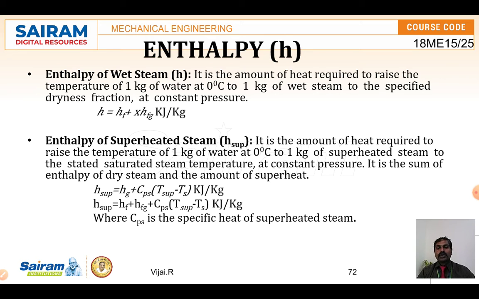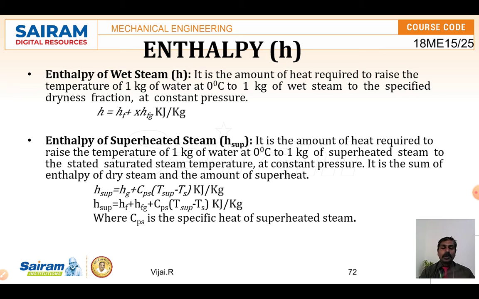So from the 0 degree of water to a certain level of steam, we can see the enthalpy of wet steam is the amount of heat energy required to raise 1 kg of water at 0 degree to a wet steam level, up to a particular dryness fraction.